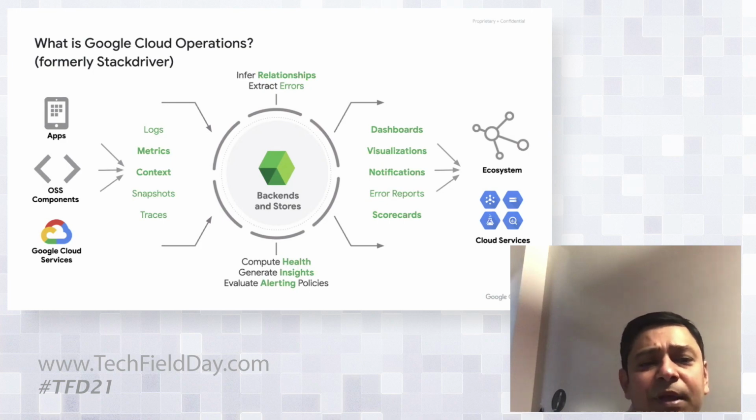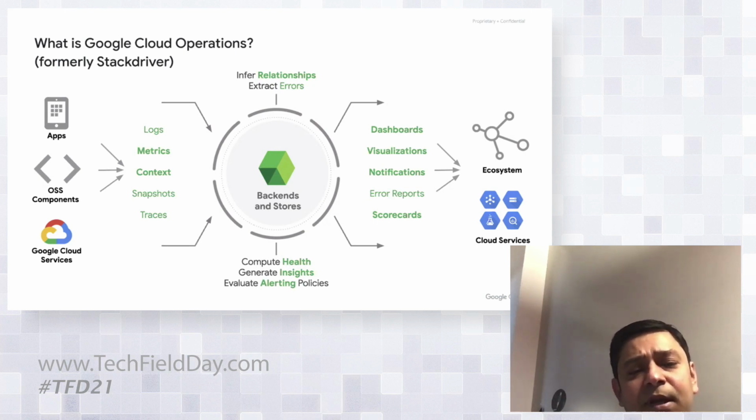So what is happening here is logs, metrics, context, snapshots, and traces. All of this input data can be consumed from various input sources by Stackdriver. So these could be your applications, these could be your open source components, these could be your Google Cloud services, or even other instances running in other public clouds.